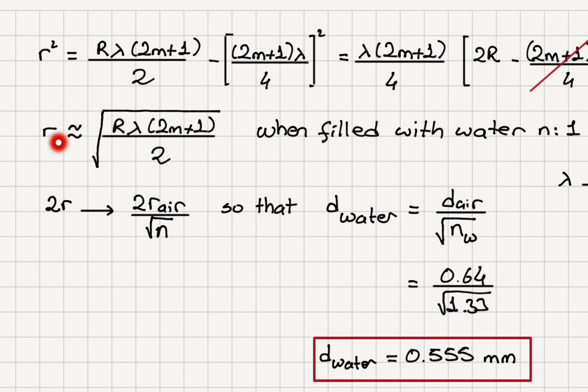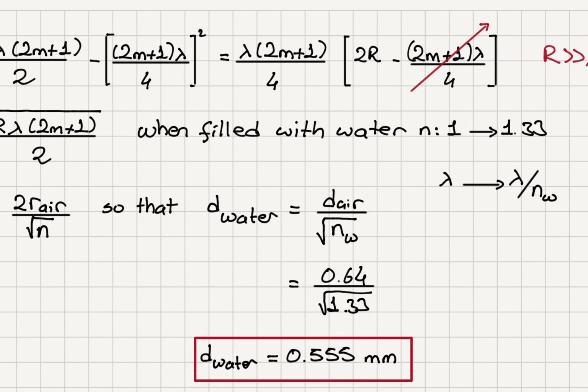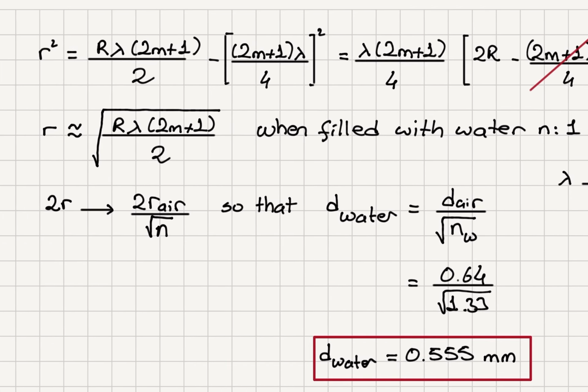So I can see that the radius of the ring scales as square root of lambda. So if I change the medium from air to water, the index of refraction increases, the wavelength decreases, so lambda becomes lambda over n_w, which means the diameter that I measure in air divided by square root of the index of refraction of the water will give me the new diameter that I will measure.